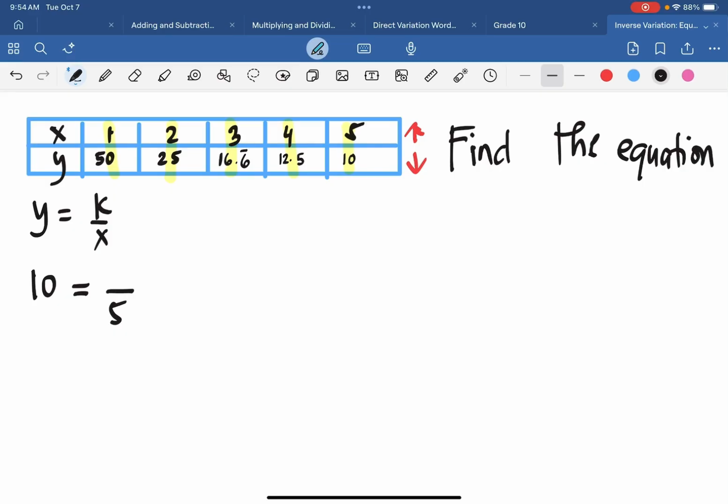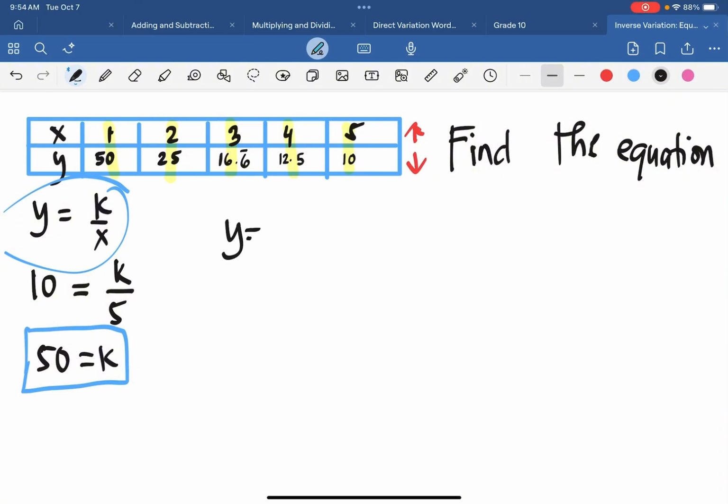We have our k here, which is still missing. Cross multiplying 10 and 5 is 50, and this is the value of our constant. Now, by having the form, we could just directly substitute the value of k. So y equals 50 over x, and this is our equation.